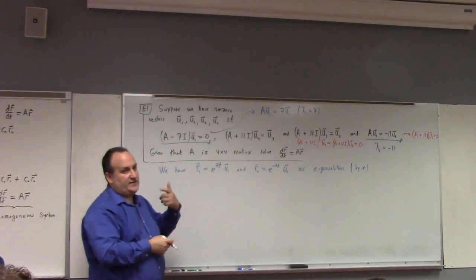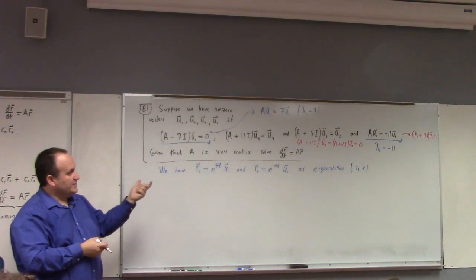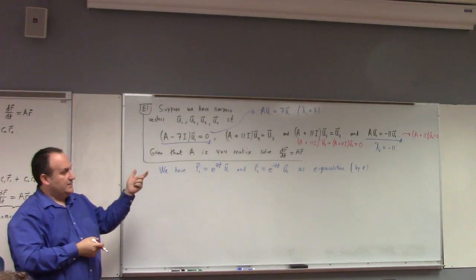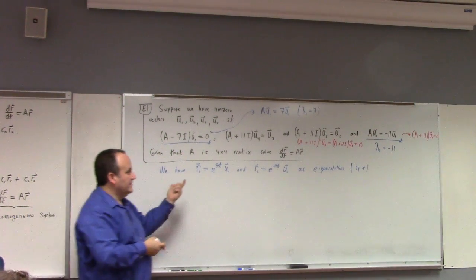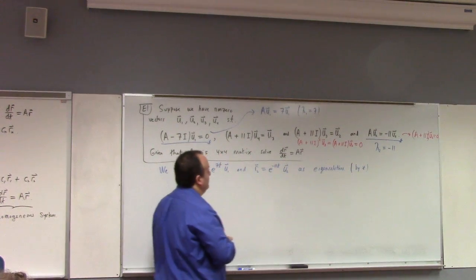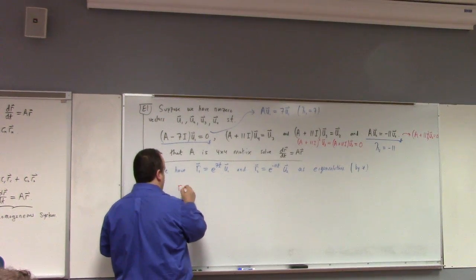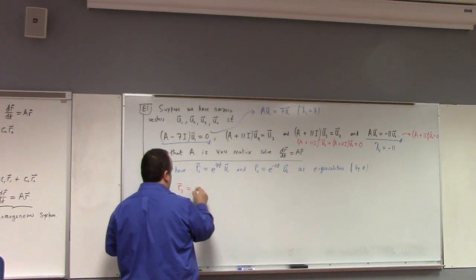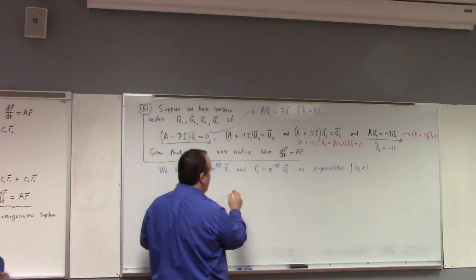So what does that make u3? That means u3 is a generalized eigenvector of order 2. Because when you multiply u3 by (A plus 11I), you get u2, which is not 0, and yet the square, (A plus 11I) squared on it, gives you 0. So I can figure this out then. I've got an R3, which I can write as e to the tA times u3.